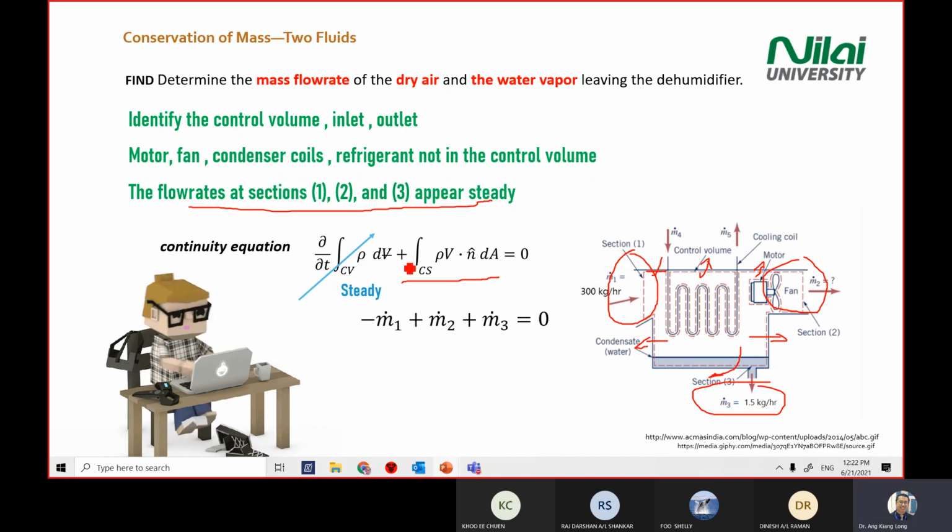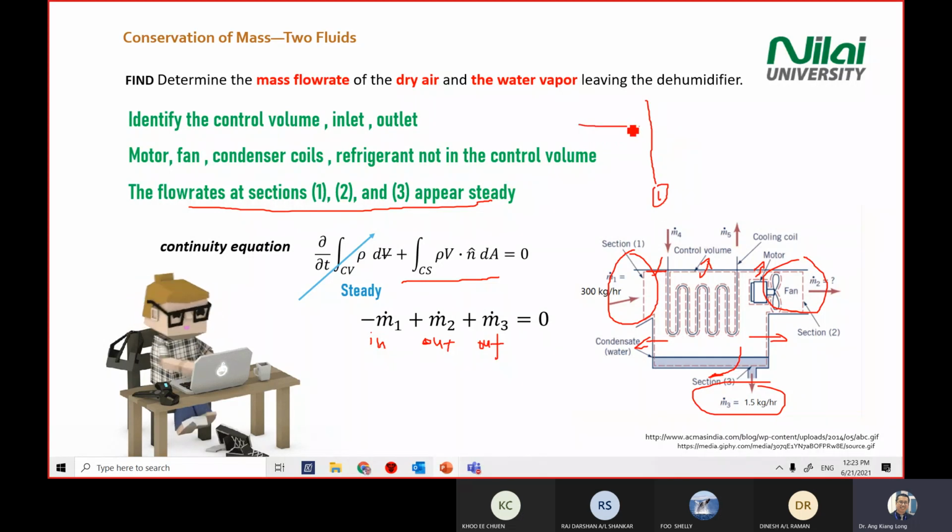Now, how you write the positive and negative sign, I already taught you how to draw the vector diagram. Negative is for inlet, positive is out. So at this stage you should know that if you have an inlet, the m dot will be negative, and when the flow is flowing out from the system, it will be positive. Just to recap for section 1: the first step, you draw the opening.